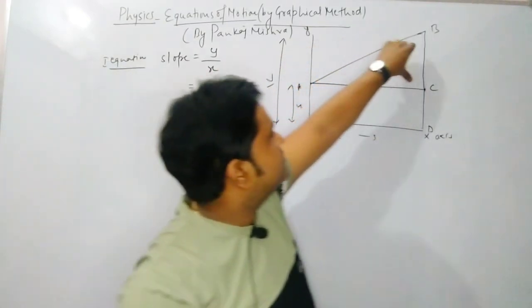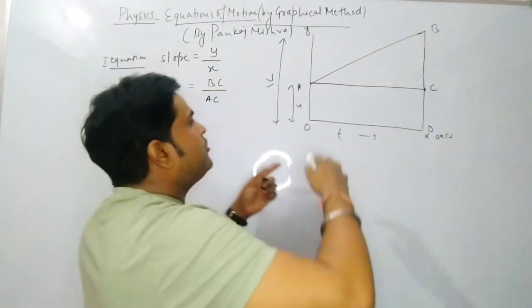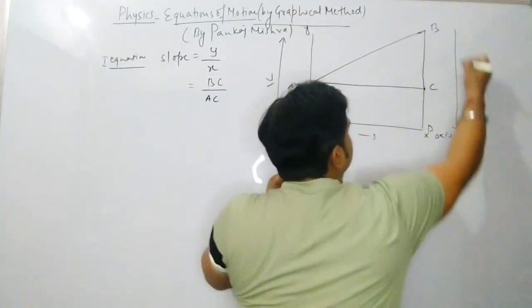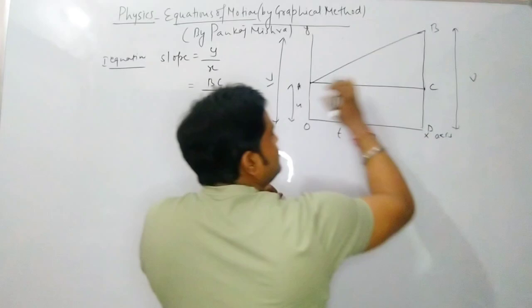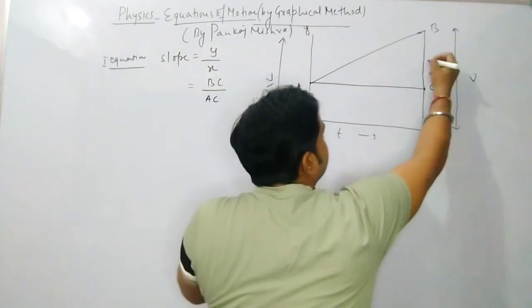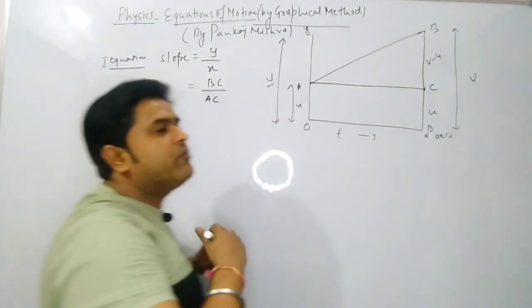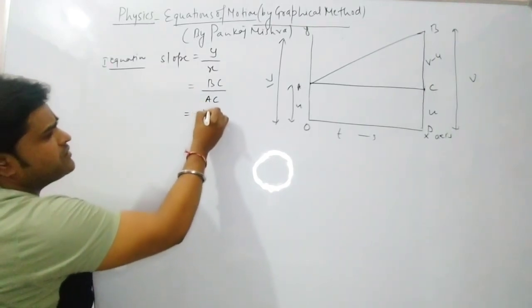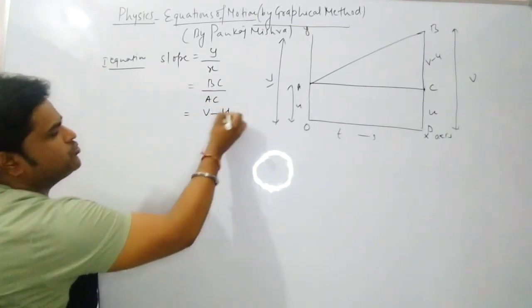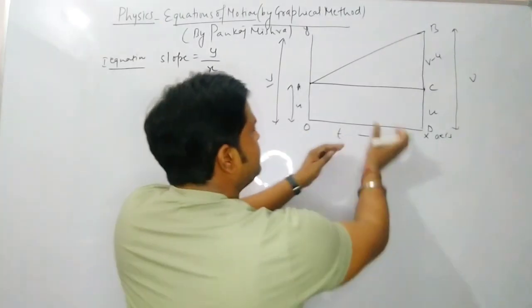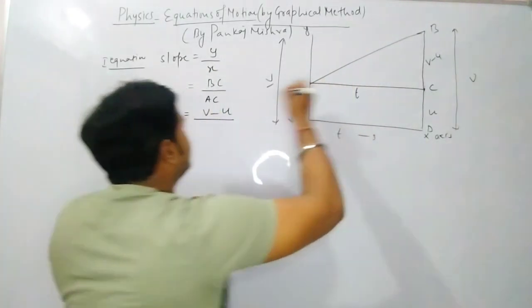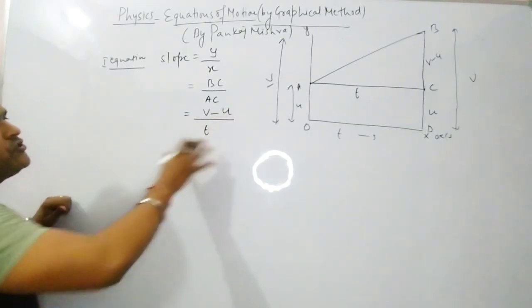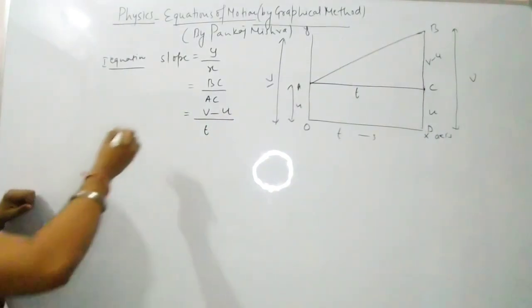Now how to find out this BC? If this is V, this is also V. And if this is U, this is also U. So this part will be V minus U, total minus U. So in this case, we can write V minus U upon T, because if this is T, this is also T. So this is V minus U by T, and this is acceleration.